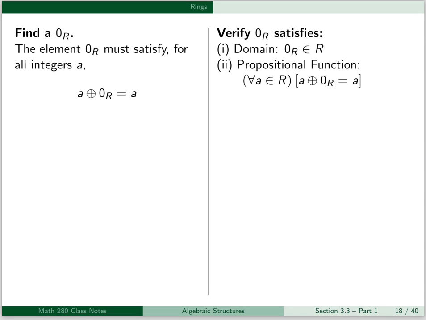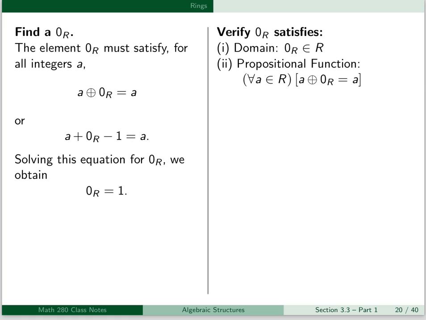Now the element 0 sub r must satisfy, for all integers a, our propositional function a circle plus 0 sub r is equal to a. Or, using the definition for our circle plus addition, this will be a plus 0 sub r minus 1 equals a.